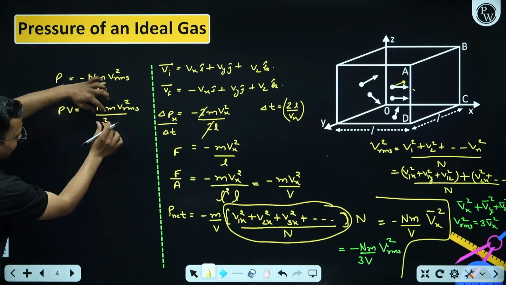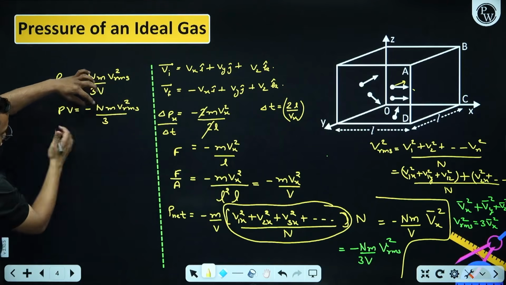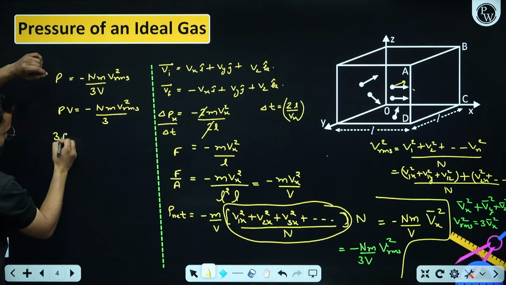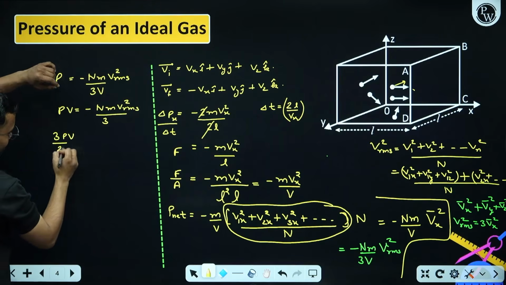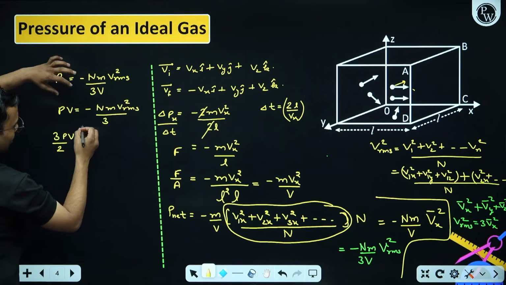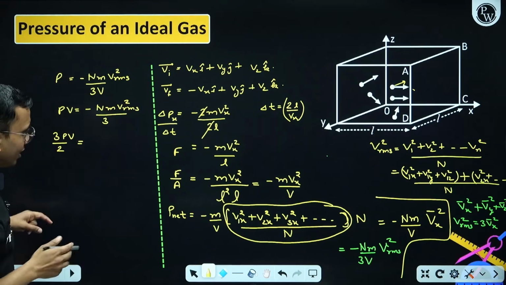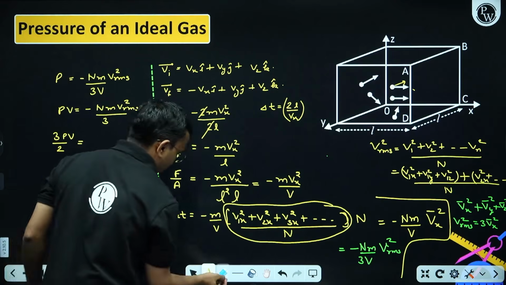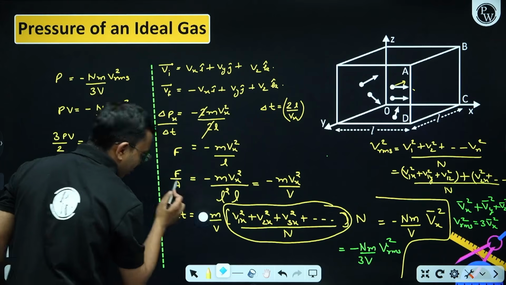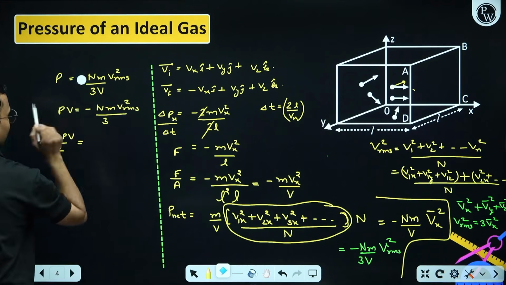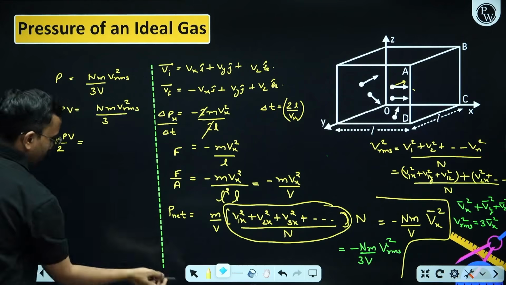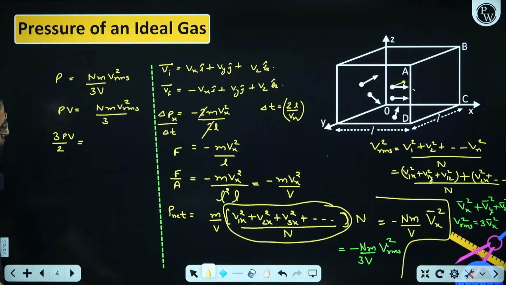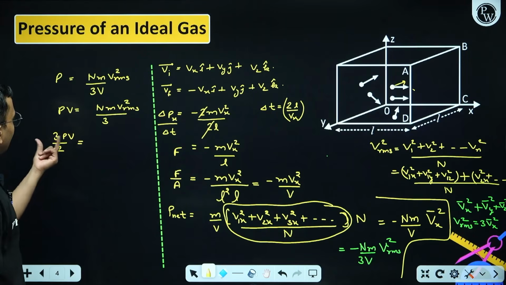If I take this 3 on the other side, divided by 2, what will it become? Here there is a negative sign. I just need the magnitude, so don't consider it. Now, 3 by 2 PV.